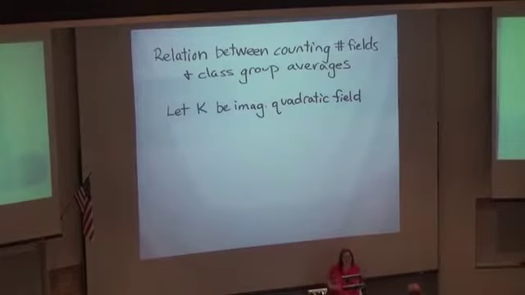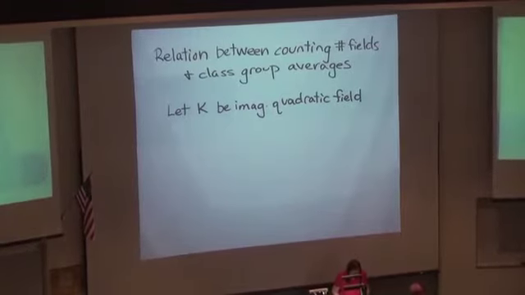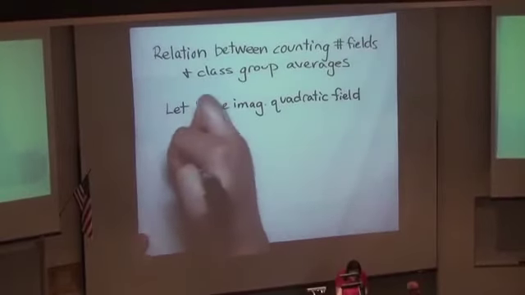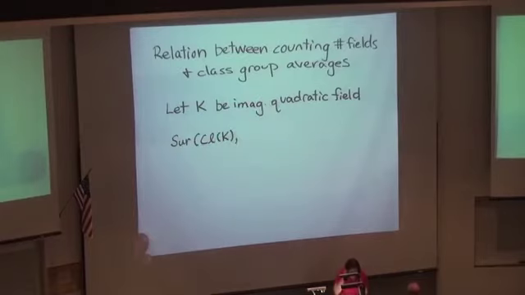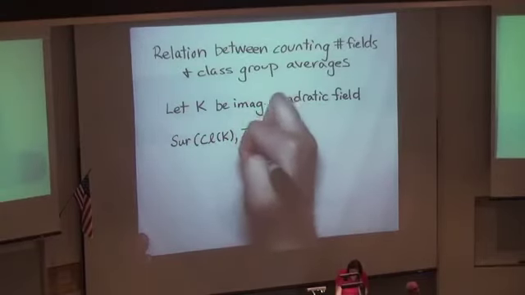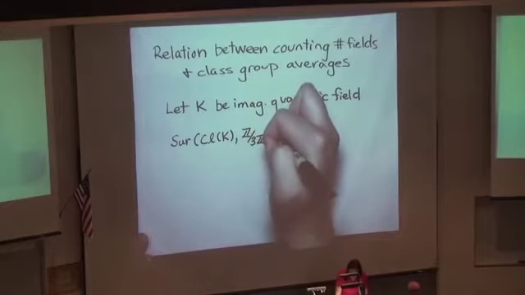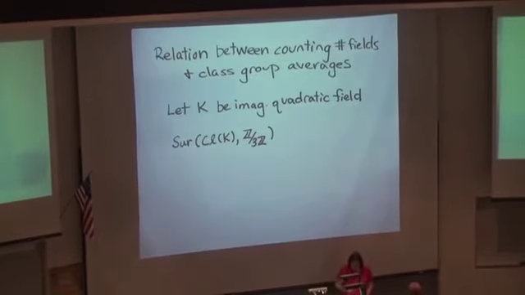One of the functions that you might ask for the average value of on your class groups is the number of surjections to a particular group. And we'll see here in this example that it's not just some random function, it's one that has a lot of meaning for us. So surjections from the class group of K, now I'll do a specific example here, to Z mod 3, the cyclic group with 3 elements.